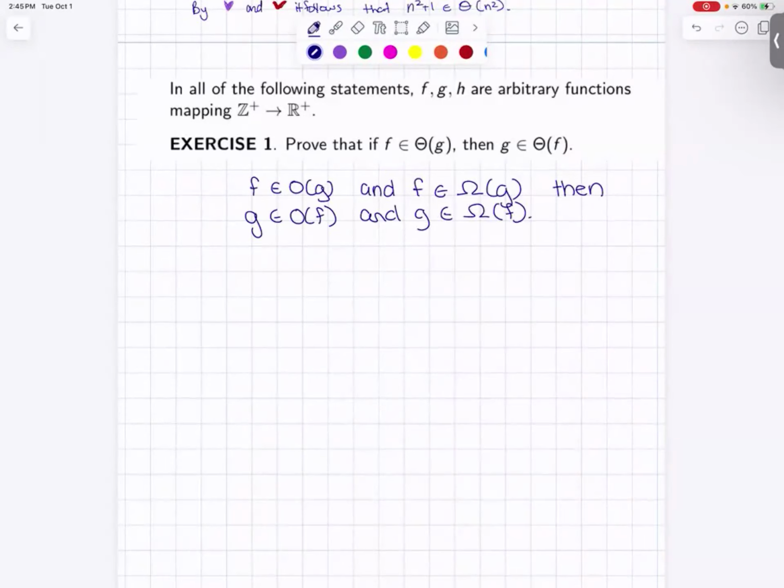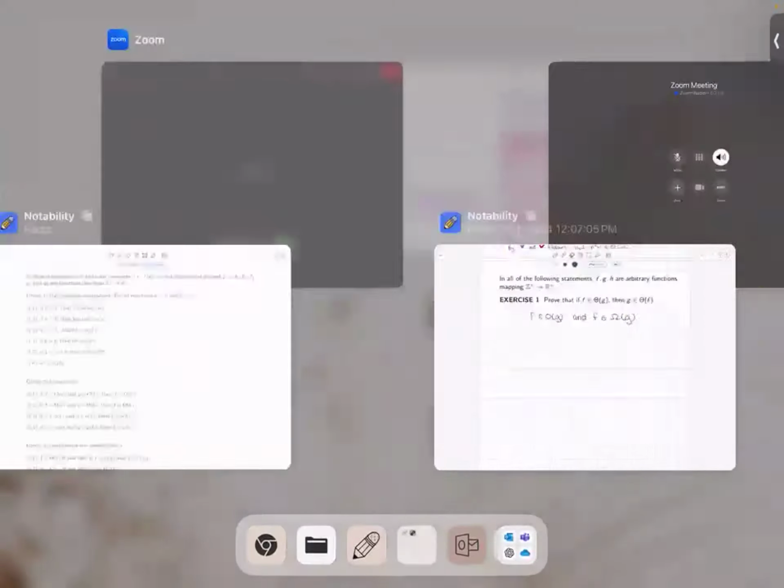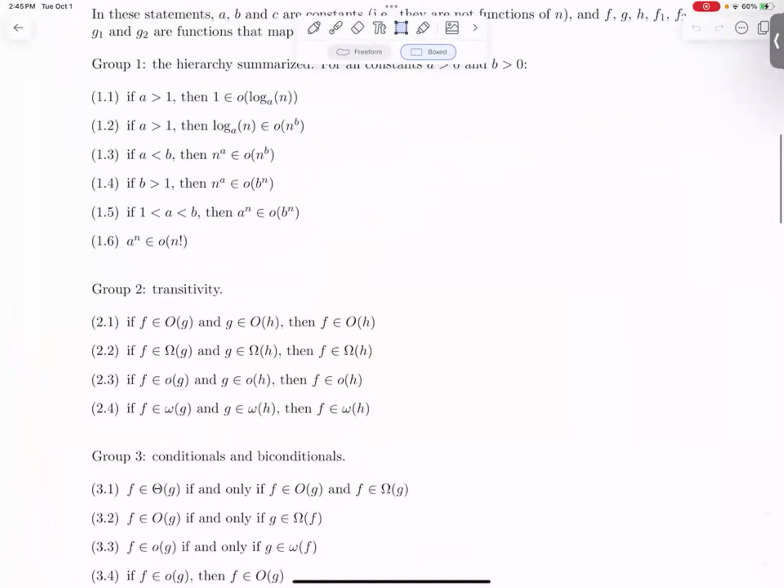So those are the two things we're going to be saying. Let's start by assuming one side is true, and see if we can work our way to the other side. Let's move this out of the way for a second and take a look at our properties.